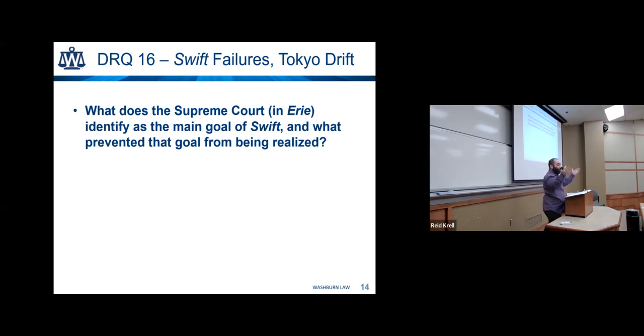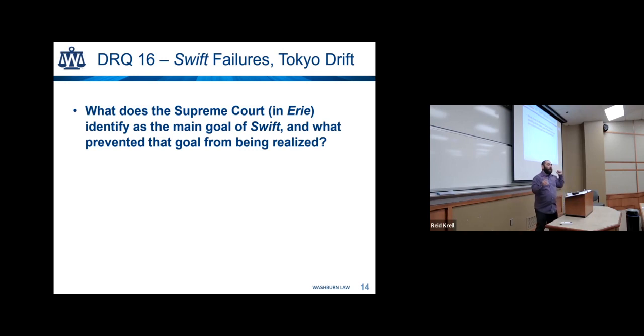Swift creates 2 common law systems under the assumption that the states will drift toward the federal common law. And what happens over the 95 years that the Swift regime is in place is the states refuse to drift toward the federal common law.